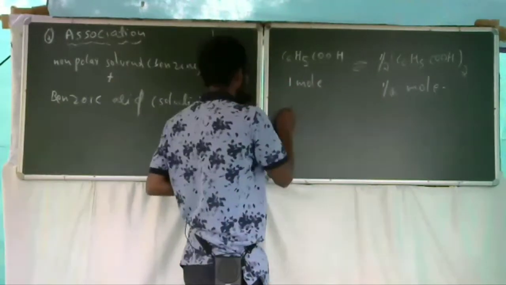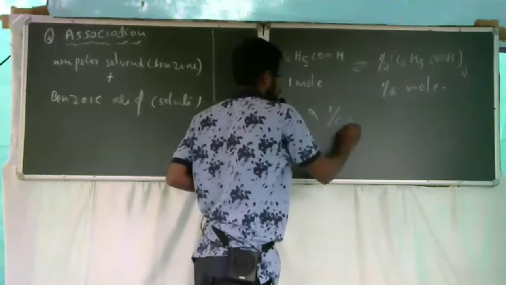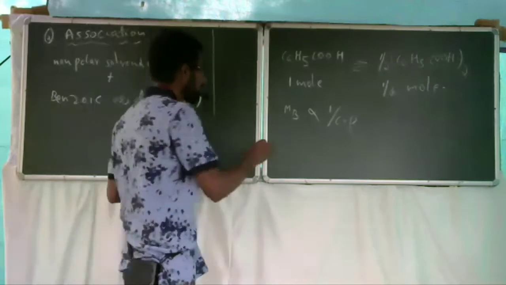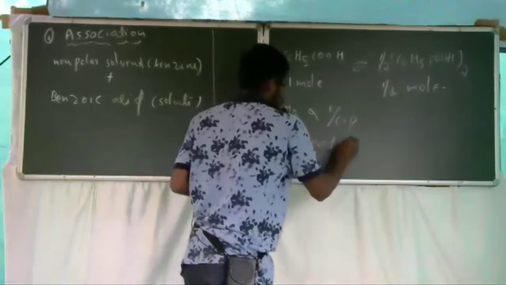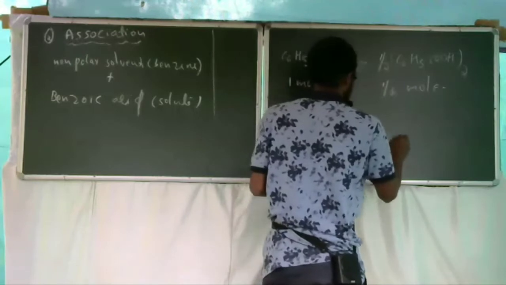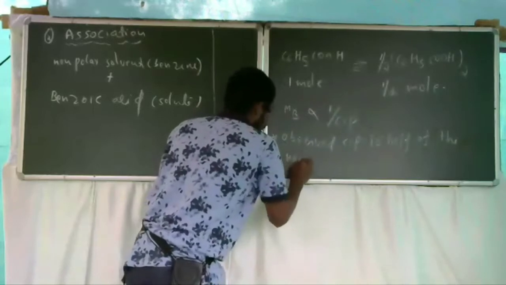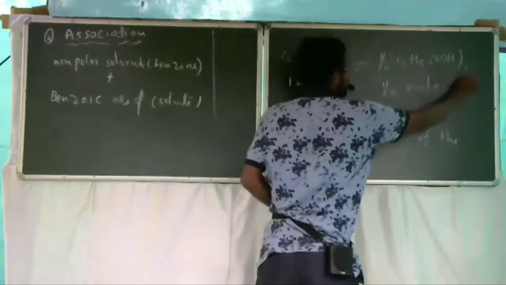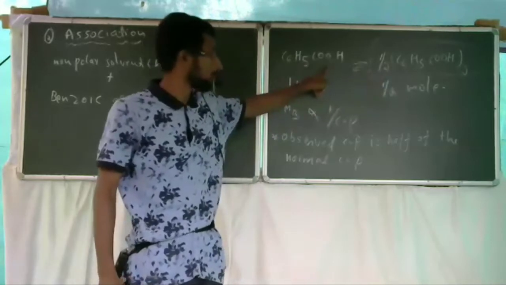Okay, then you know, Mb is inversely proportional to colligative property, right? Then you know, observed colligative property is half of the normal colligative property, right?